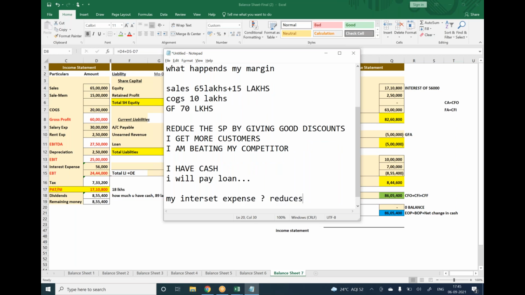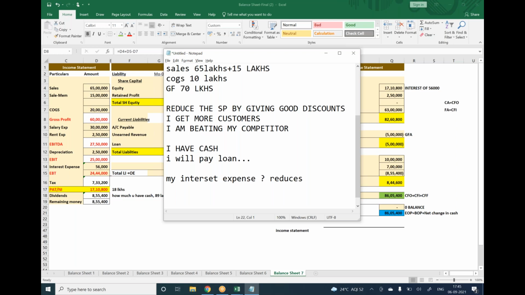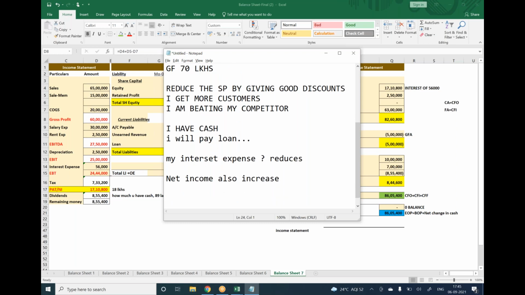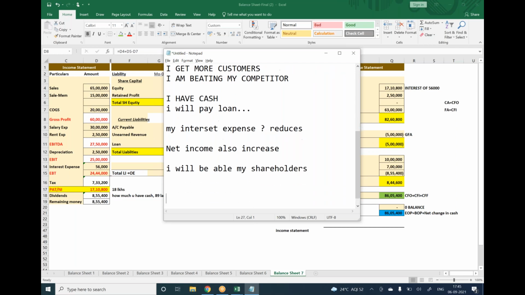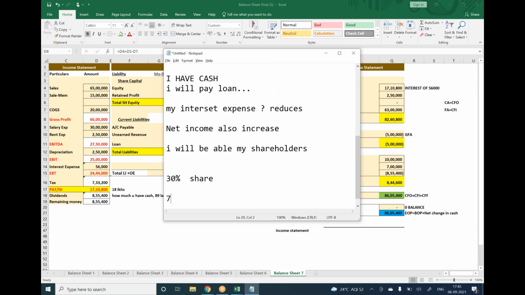It reduces. Because of that, my net income also increases. And because my net income is increasing, I will be able to pay my shareholders. And my shareholders are happy. Because they are happy, they will say, chalega, don't give me 50%, just give me 30% share. So the remaining 70% goes back to the company.